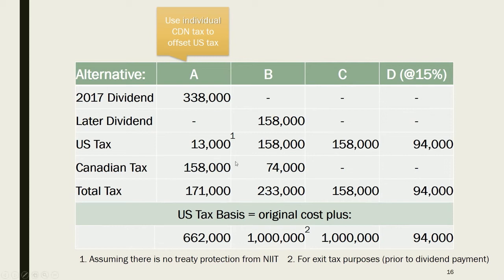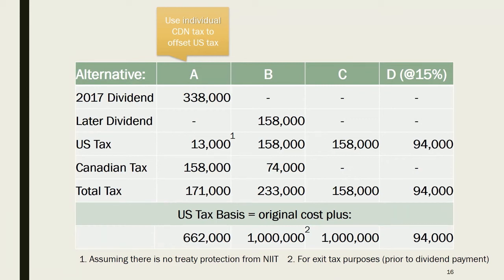But the key there is that you need the actual dividend paid to generate the Canadian foreign tax credit to offset the U.S. tax. Right. That necessarily puts you in the position of very likely having to pay the 3.8% net investment income tax as well. So if you pay the net investment income tax, you're going to be paying a total of $171,000 in tax.